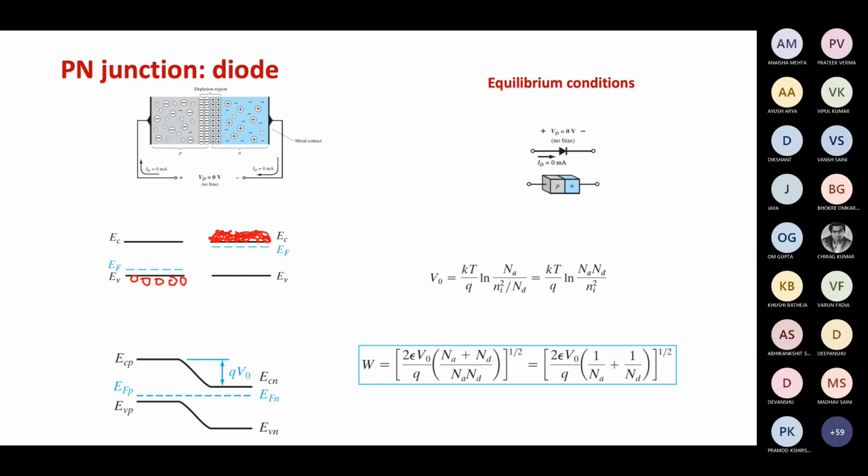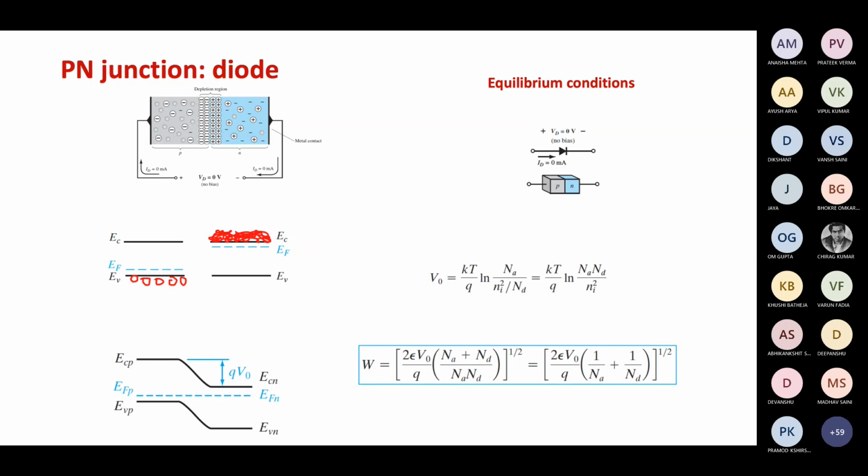So in order to make the Fermi level constant, if you are given two such diagrams and told that you need to equalize the Fermi level, one condition is that the distance between the Fermi level and conduction band on the n side far away from the junction should not change, and similarly the distance between the Fermi level and the valence band far away from the junction on the p side should not change.